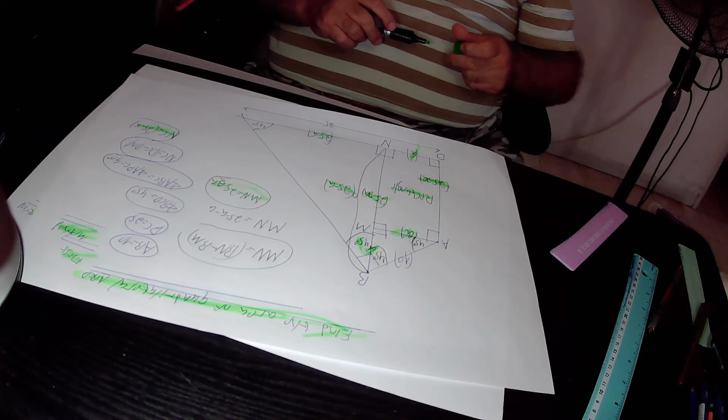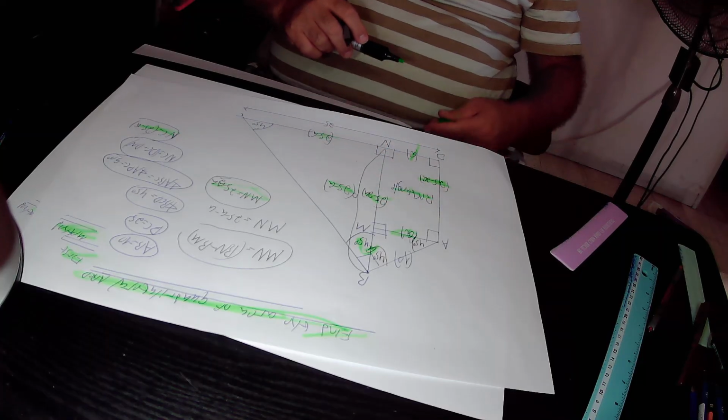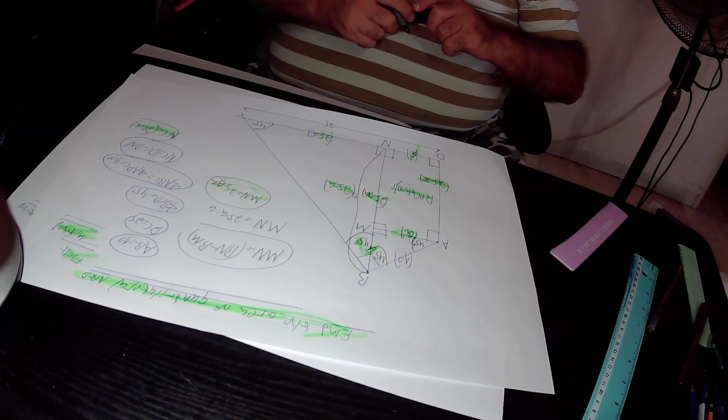In the next step, we will implement the Pythagoras theorem on this small right triangle ABM. So I copy the small right triangle ABM in the new page, and we will implement on it the Pythagoras theorem.